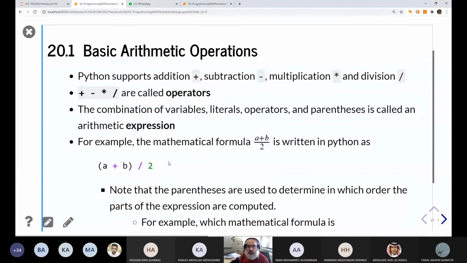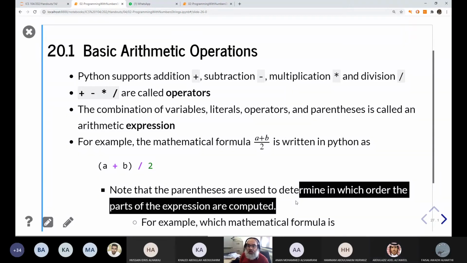Like the mathematical formula (a plus b) divided by 2, which is written in Python as (a + b) / 2. Now, why do I have the parentheses? To execute a plus b first and then divide by 2. Exactly, to determine in which order the parts of the expression are computed.